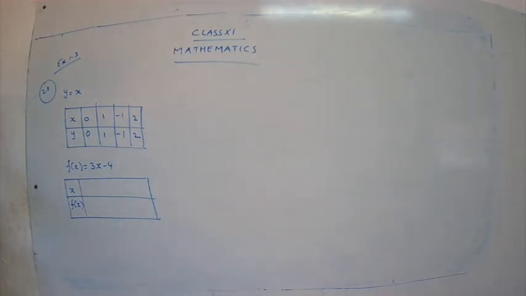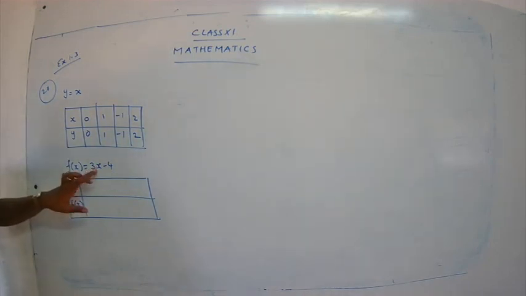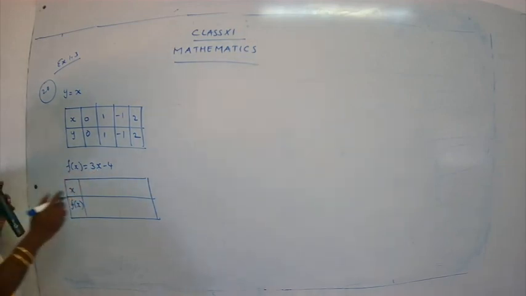Do not just go on taking any value. You have to just take a value which gives you a proper value. So let's try to choose an appropriate value for x, so that it is easy for us to plot the graph. Do not choose a number in such a way that you get an answer in the form of decimals. We don't want a decimal answer. We just want an answer that we can plot easily in the graph. See, if I take the value 0 for x, what do I get?